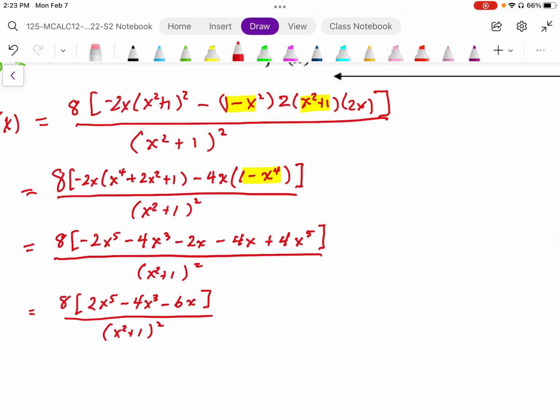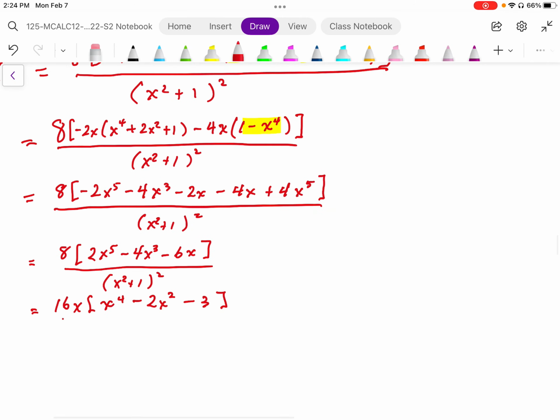There's a common factor of 2x, so that's going to come out on the outside. So I'm going to end up with 16x on the outside. And I end up with x to the 4 minus 2x squared minus 3. And again, that's further factorable. That's essentially a quadratic pattern.